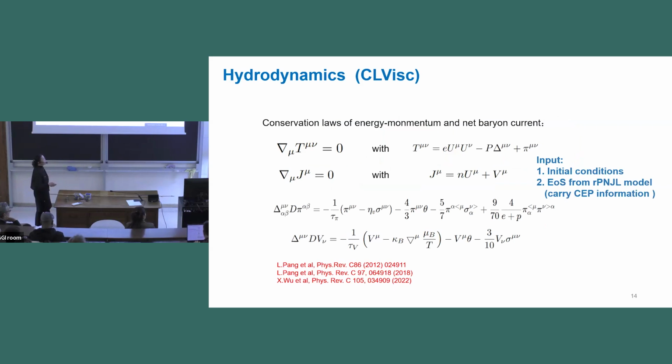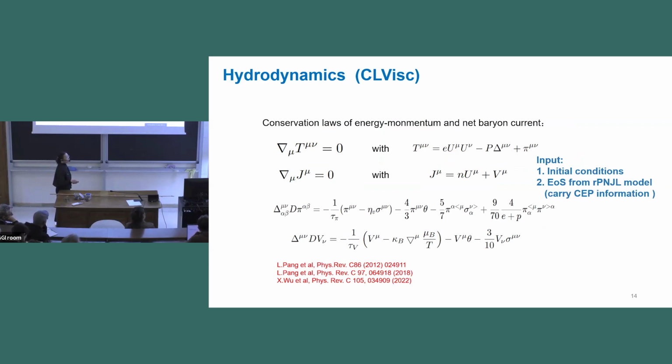And this is the hydro code that we actually used. It is called CLVisc. It was developed by Pang Longgang at CCNU, and we just use this model. We input the equation of state from an effective model.